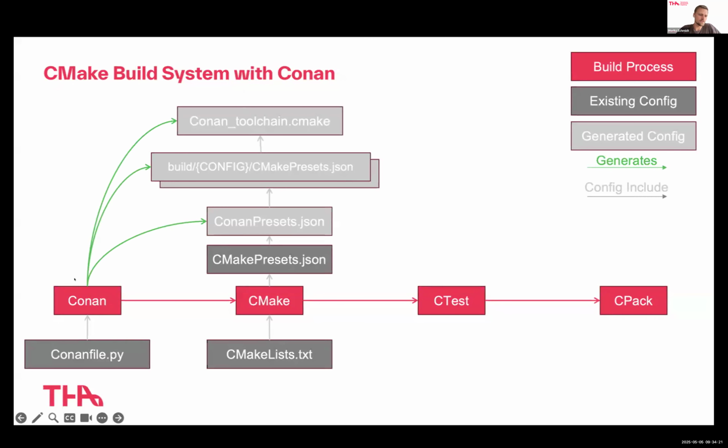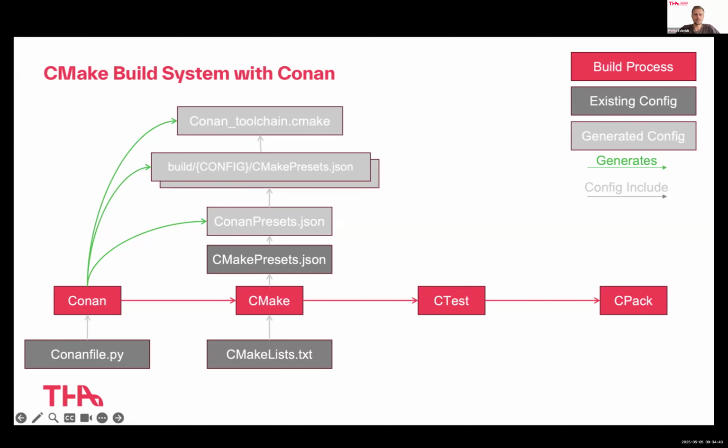The only 3 configuration files you have to adjust are the conanfile for dependencies, the CMakeLists.txt, which defines how the project is built, and the CMakePresets file, which defines presets for how to build the project. For example, a debug configuration, a release configuration, and which tests to run and so forth.